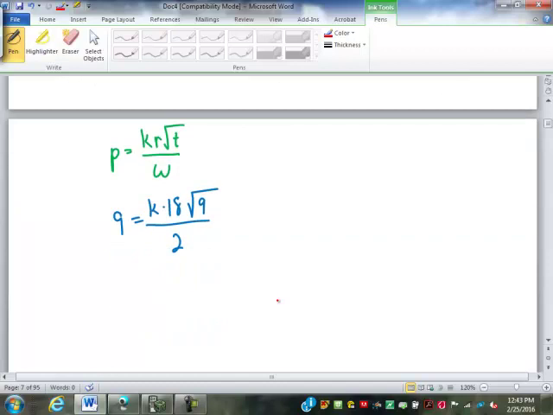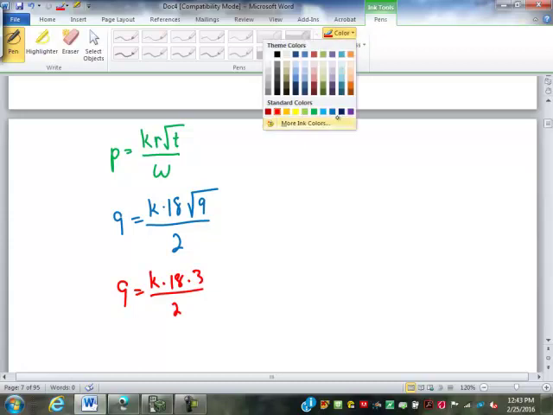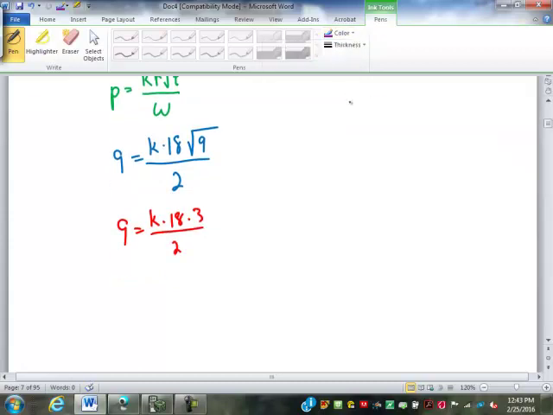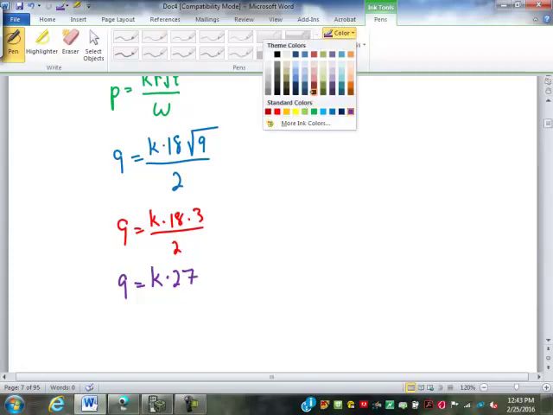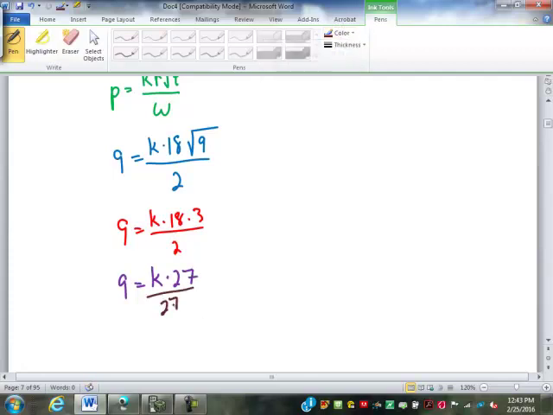So now, this is going to be 9 equals k times 18, square root of 9 is 3 over 2. 18 times 3 is 54, divided by 2 is 27, so that's k times 27. Dividing by 27 gives us that 1/3 equals k.